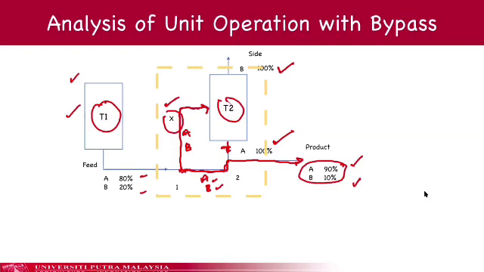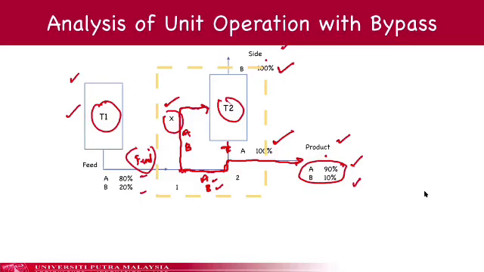So we can look into just tower 2, because there is a stream going into tower 2, and streams going out as product and also side. So we have feed coming in, product going out, and side going up.